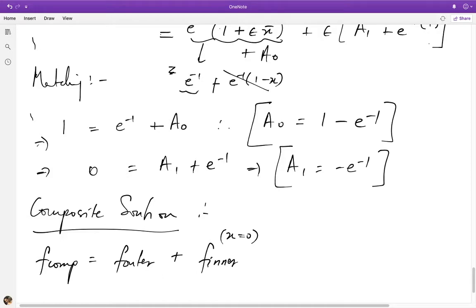So if we simply add them, we would be double counting the portion of the inner solution that matches with the core. So what we should do is subtract out that corresponding part. So we subtract out the outer limit of f inner.